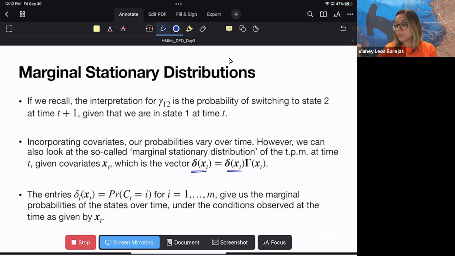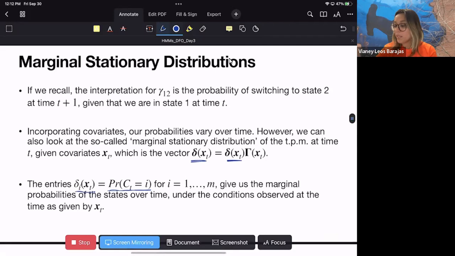Those entries, delta sub i of x of t, are going to give us the probabilities of C sub t equal to i, where i goes from 1 to m. So under the observed conditions x of t, we obtain the probabilities that the animals will exhibit one of the m states in those conditions.